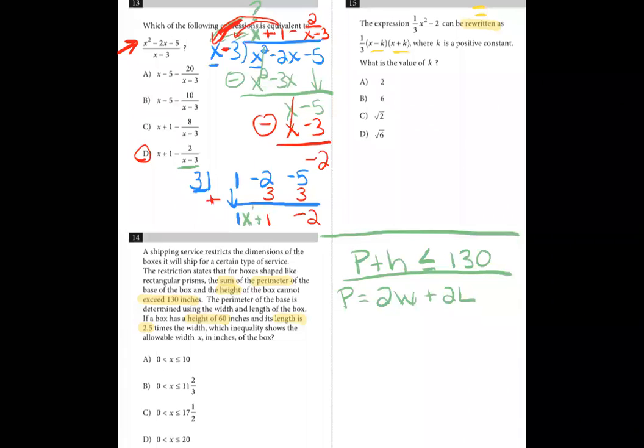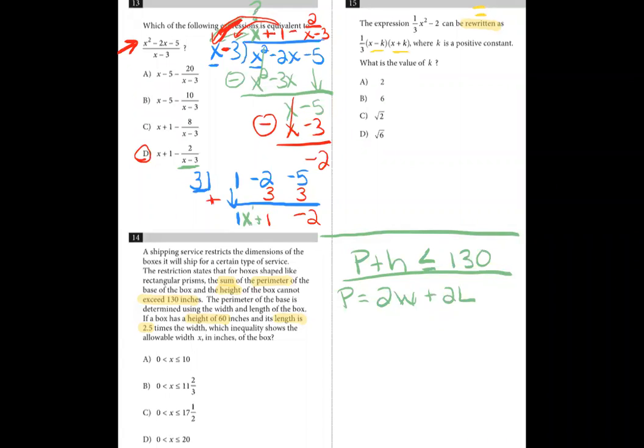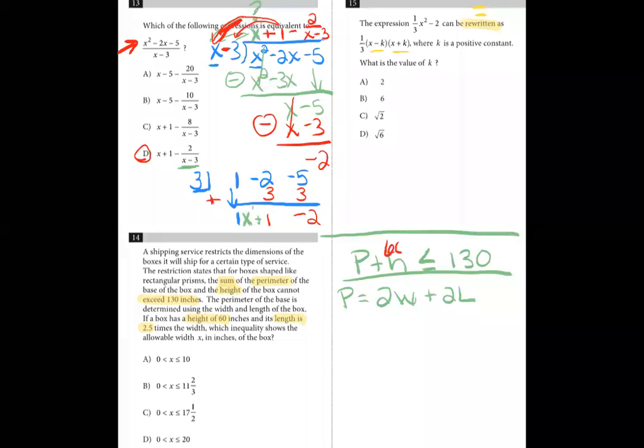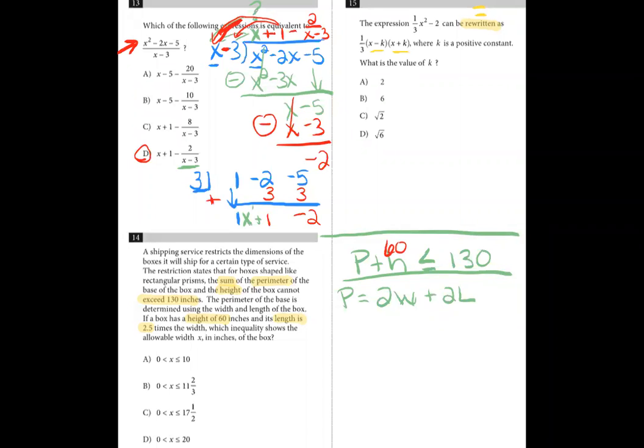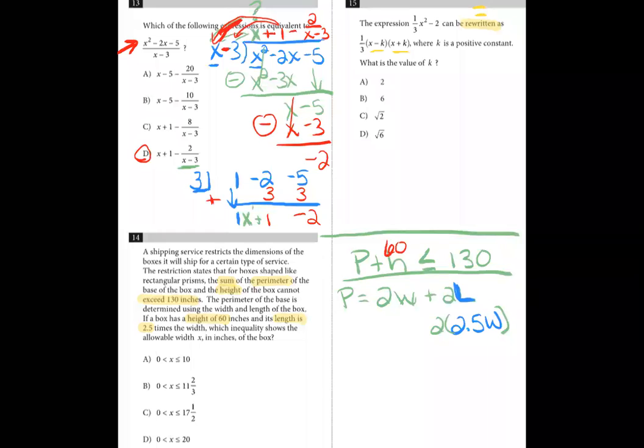So I can go ahead and go back to my original inequality. I'm just going to make myself a note that the height is 60. And the length is 2.5 times the width. So if the length is 2.5 times the width, I'm just going to substitute that in. So I really have 2 times 2.5 widths to represent the 2L.